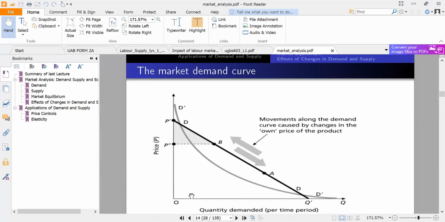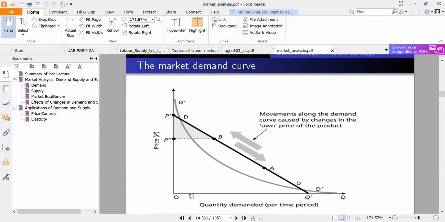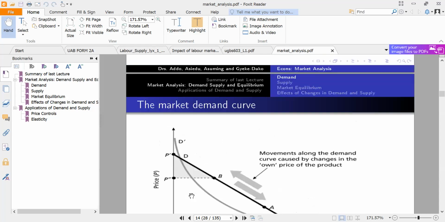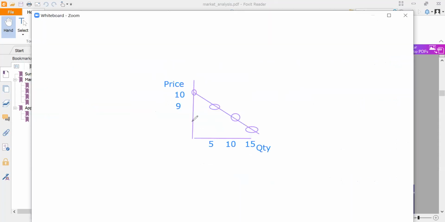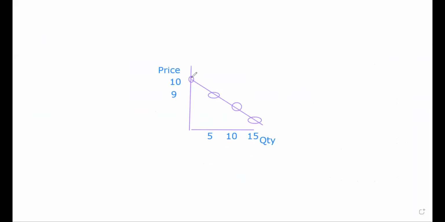Market demand, as we said, is the combination of all the individual demand curves. Let me go back to my graph, I can illustrate it better there. So this is my demand. At price 5, I'm buying 0.